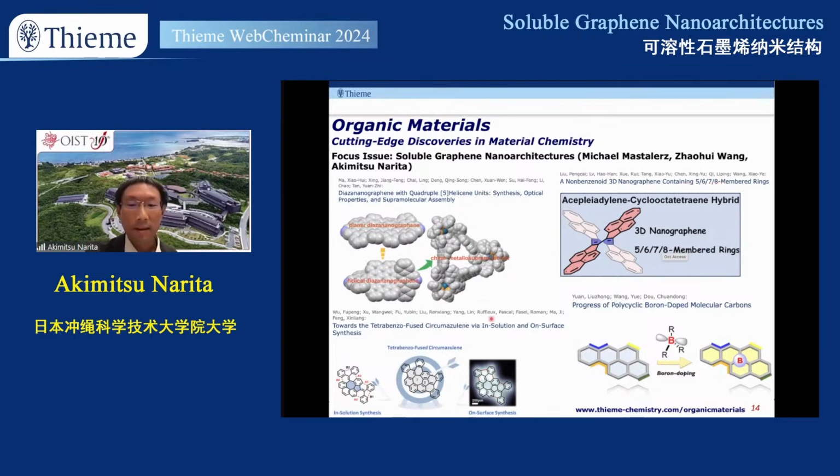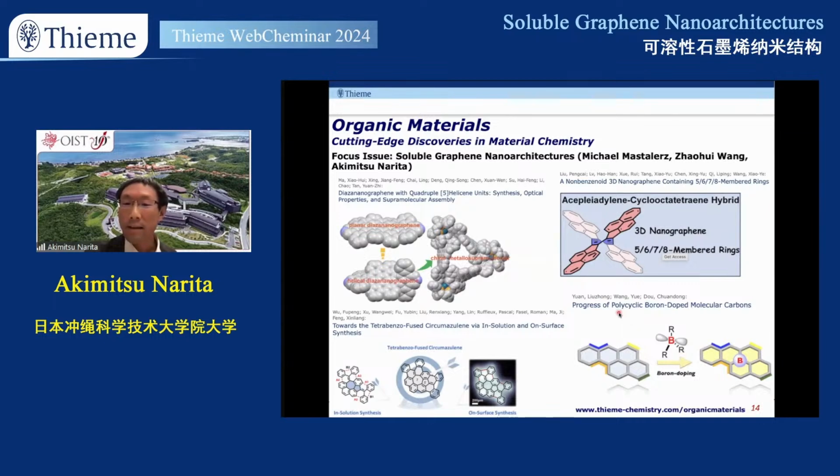And we also had contribution from Professor Jima and Professor Sillian in collaboration with Roman Fazer, trying to make such interesting tetrabenzylene structure in solution and then visualized on surface actually, but it's still soluble.